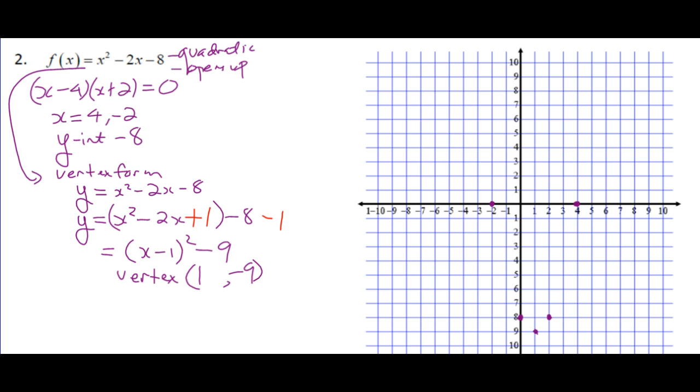If we go over 2, we should go up 1, 2, 3, 4, and 1, 2 this way, 1, 2, 3, 4. And if we go over 4, then we should go up 16. So that'll put us at 7, and put us at 7 on the other side. All right, so we should get a very accurate sketch of the original quadratic.